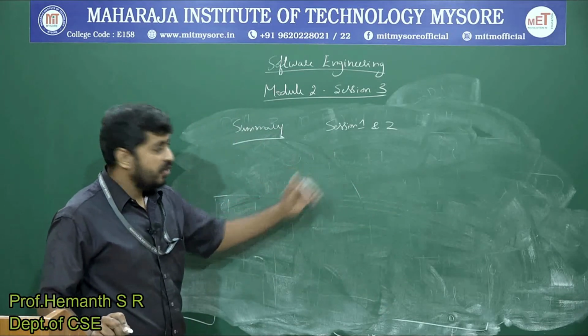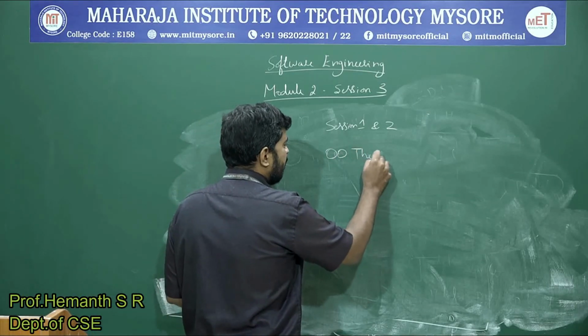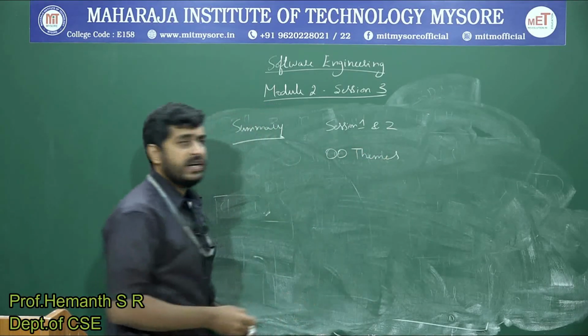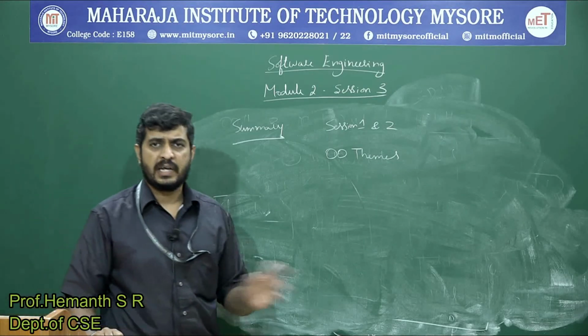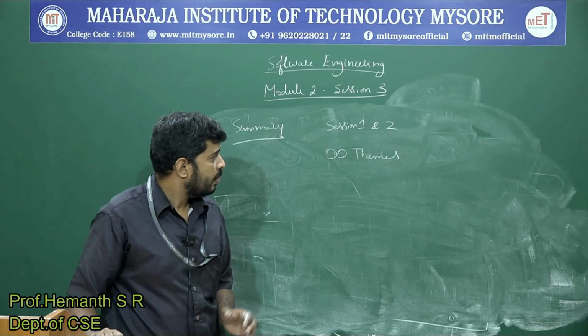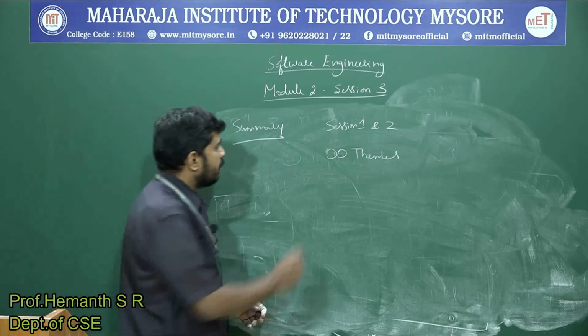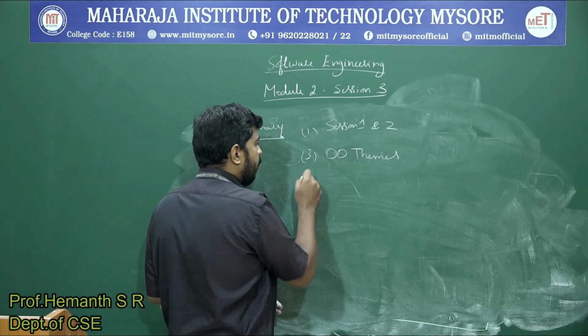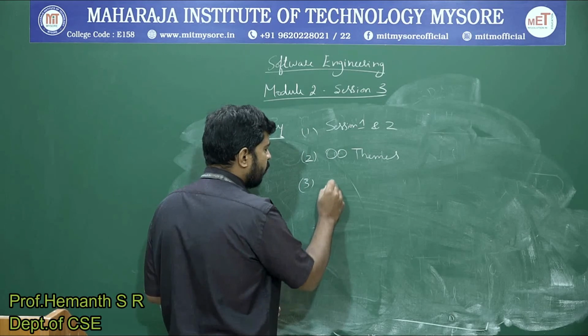Once done with it, we started with the object oriented themes, the major themes of object oriented design modeling. We understood what abstraction is, we understood encapsulation. Once we completed this, we understood the three modeling techniques, the three popular ways of modeling.